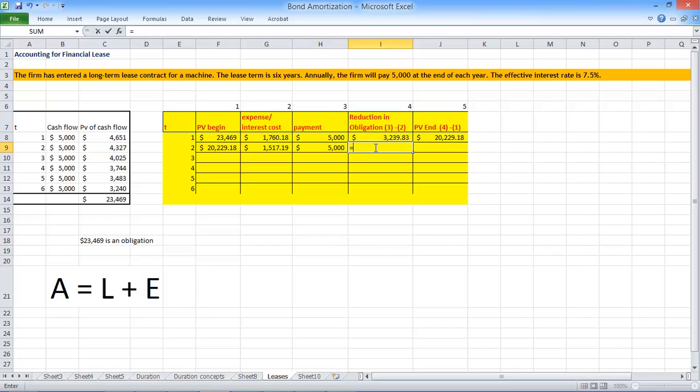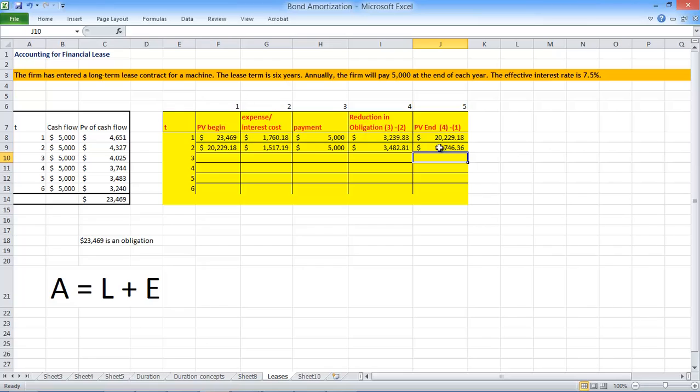What's happening is there's a reduction in obligation because your interest expense is this and you're paying this. So effectively what's happening is you have paid this amount. Your obligation or your beginning book value is now being reduced by this amount because you've paid this.